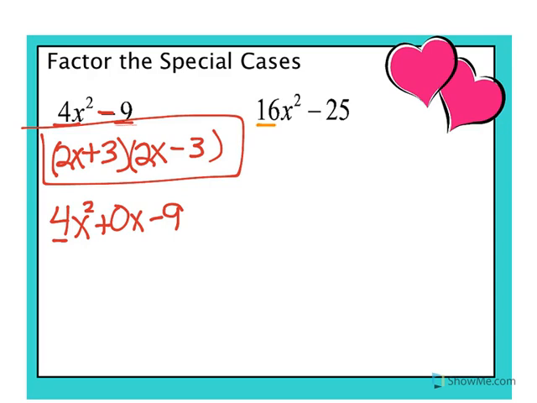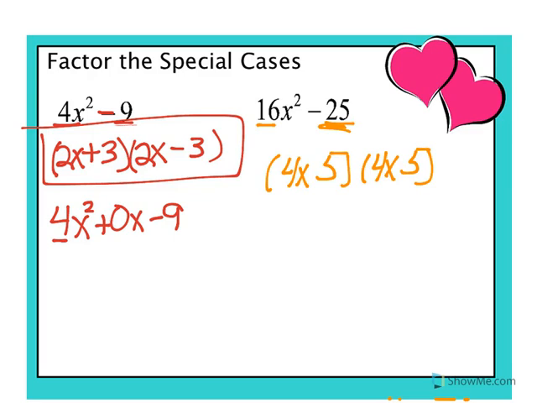16 and 25 are in fact perfect squares. That means 4 times itself is 16 and x times itself is x squared. So both of our terms begin with 4x. Looking at your second term, the 25, that is a perfect square. 5 times 5 is 25.